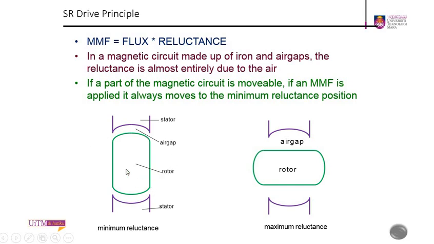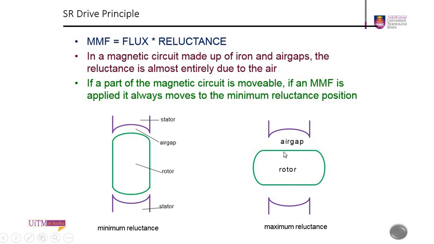For the switched reluctance motor, you have your rotor, which for this example is iron. The minimum reluctance will have the least air gap. If the rotor is positioned upwards like this, you have the least amount of air gap, which is the position of minimum reluctance.